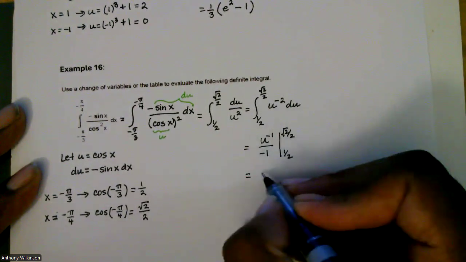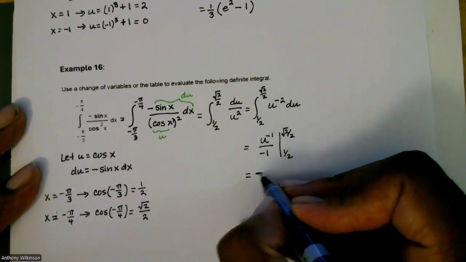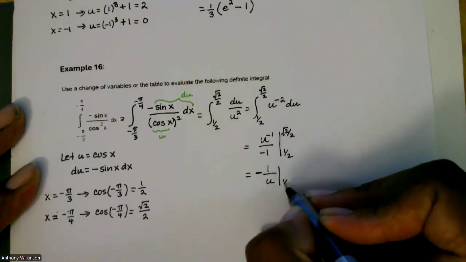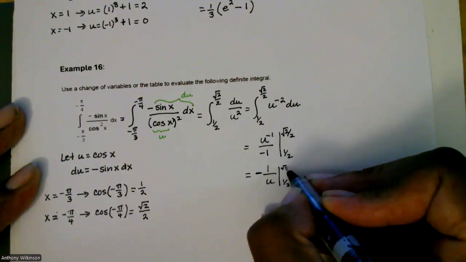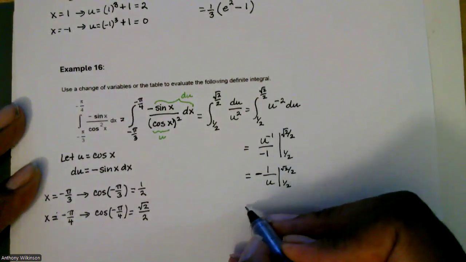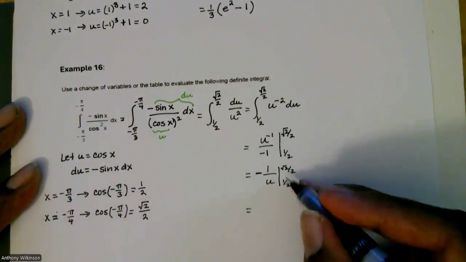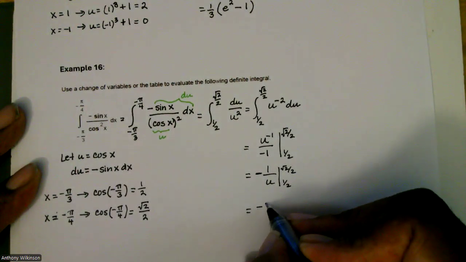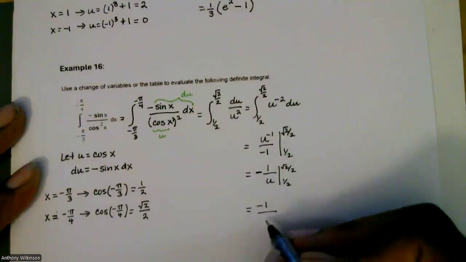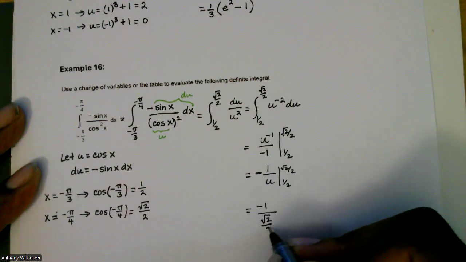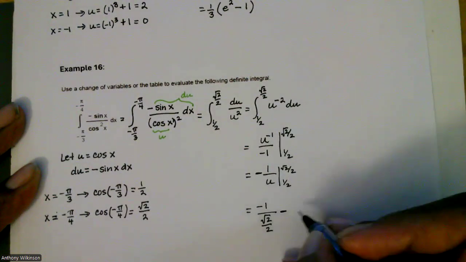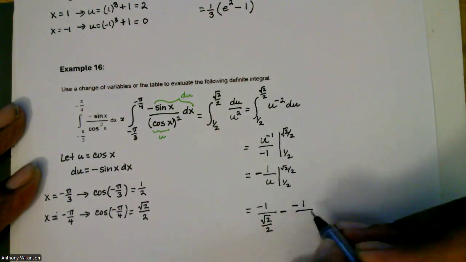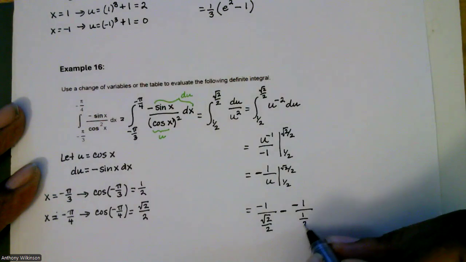And I can write this in a different way as negative 1 over u, from 1/2 to the square root of 2 over 2. Then do the upper limit minus the lower limit. So here I got negative 1 over the square root of 2 over 2, minus negative 1 over my lower limit, 1/2.